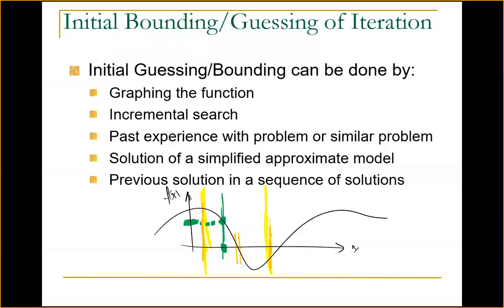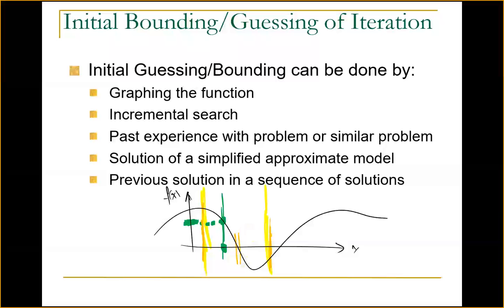Okay, so those are the two ways in which you bound your system or you perform your initial guess. Remember, bounding limits your answer to a region, while unbounding allows your answer to possibly be anywhere.